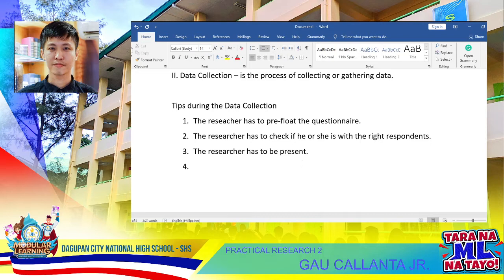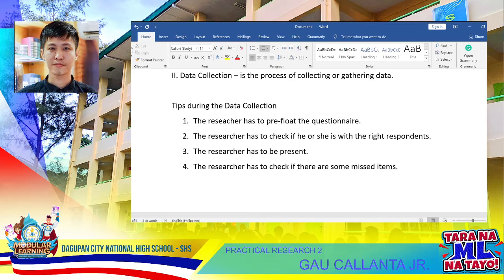Now, the fourth one is, of course, after the respondents have already answered the questionnaire, the researcher has to check if there are some missed items.